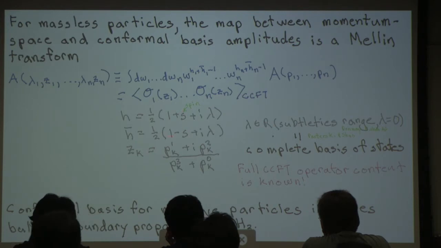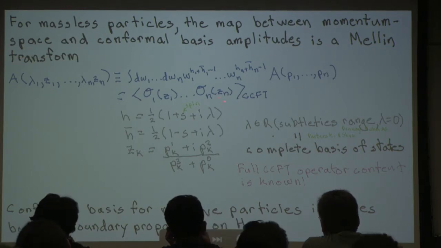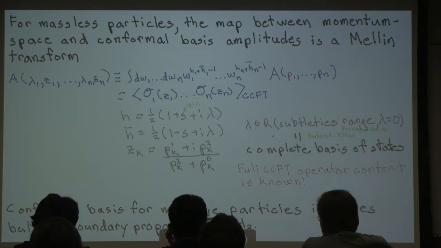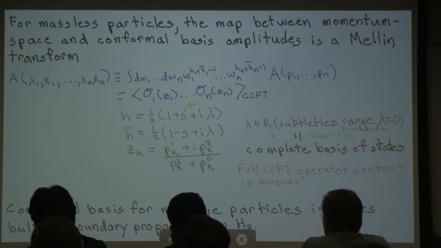So this is for a spin 1 field. You do a Mellin transform of this amplitude, and then you've integrated out the overall magnitude of P, but you still have this complex ratio.